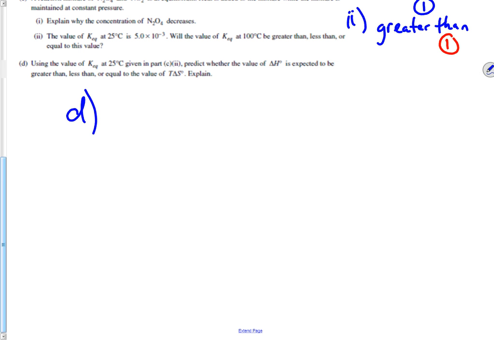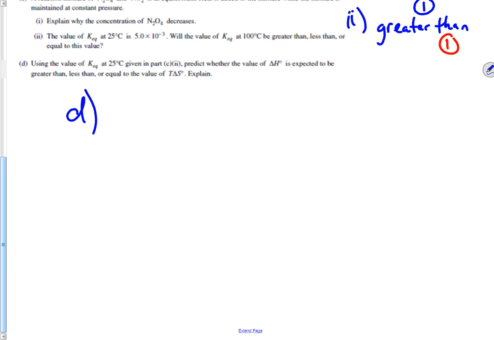Using the value. Let's finish up. Using the value KEQ given in part CII, predict whether the value of change in H is expected to be greater than, less than, or equal to the value of T change in S. Explain. Okay. I want to finish this.